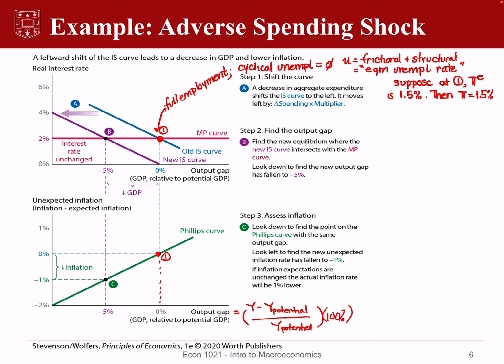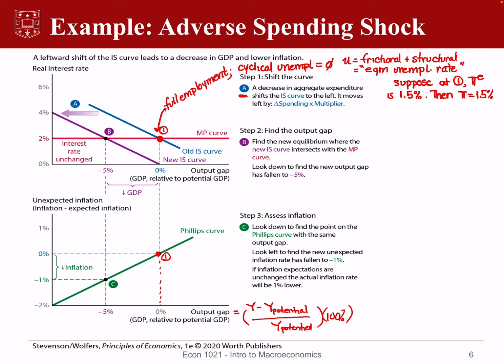Now let's suppose that there's consumer pessimism that causes consumption to fall. Then one of the things we can remember here is that in this shift identified by the purple arrow, the shift from the old IS curve to the new IS curve, the magnitude of that change is the change in spending times the multiplier.